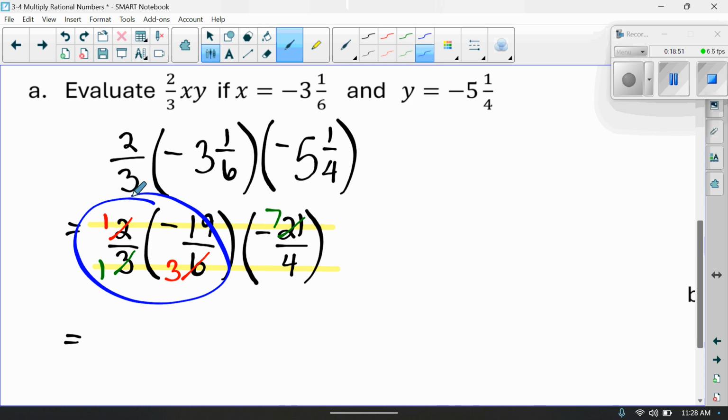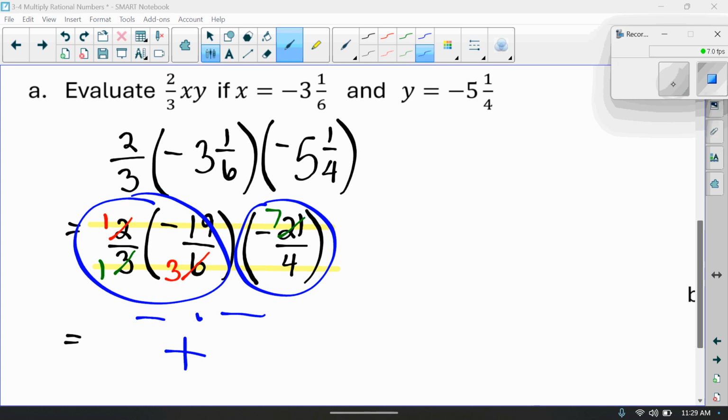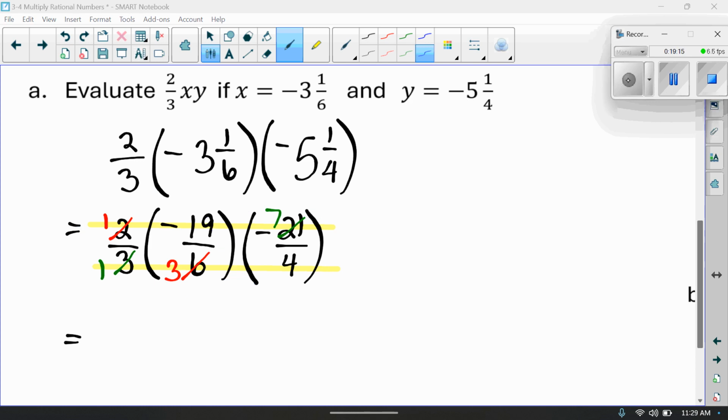So what's a positive times a negative going to be? Negative. And then we have to multiply times that negative there, right? And so what's a negative times a negative? Positive. So my answer is going to be a positive, right? So we know our answer is going to be positive, so we don't have to write a plus. So now we're going to multiply straight across.